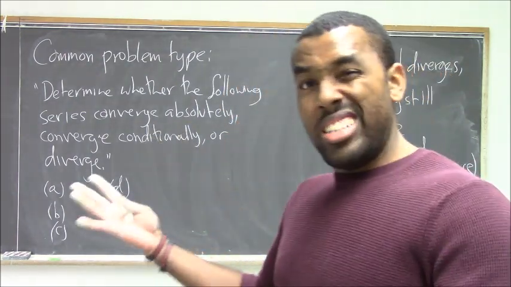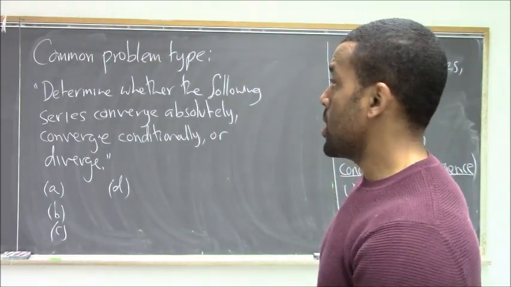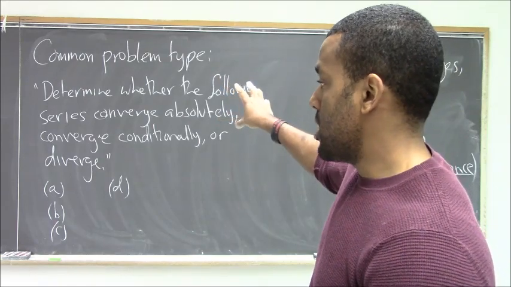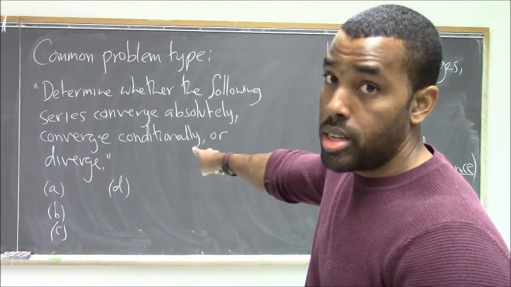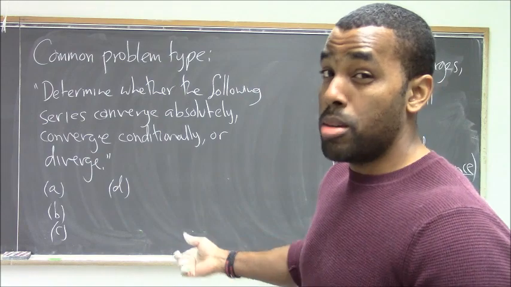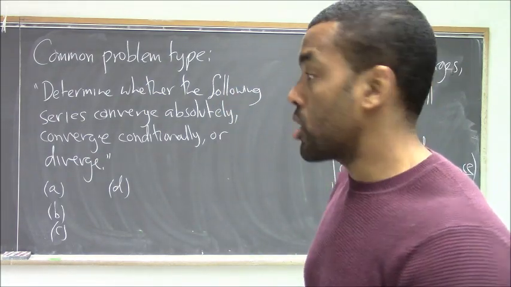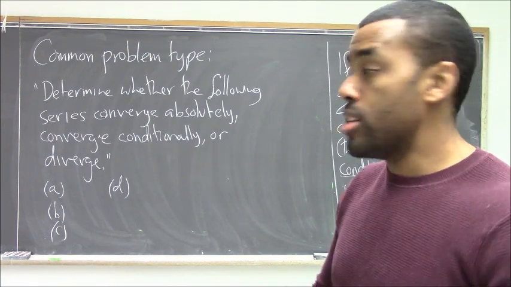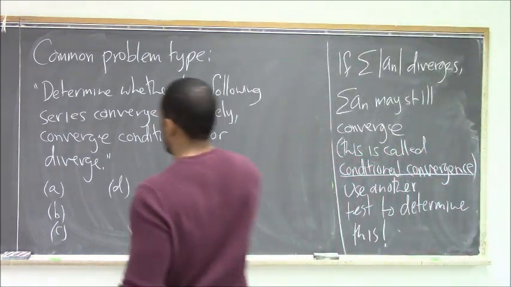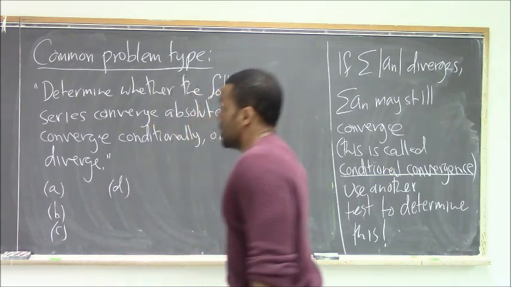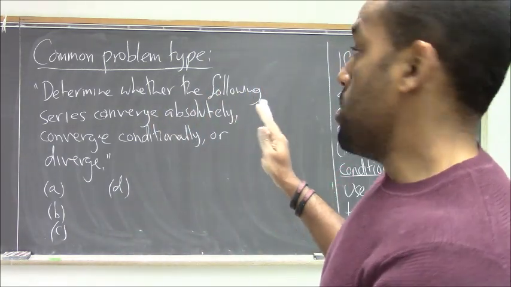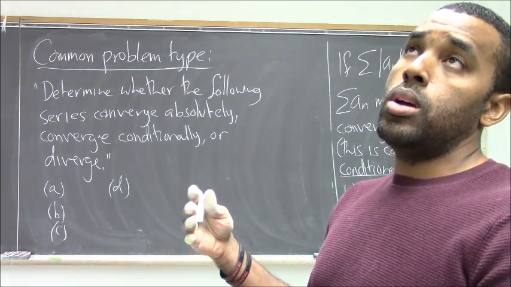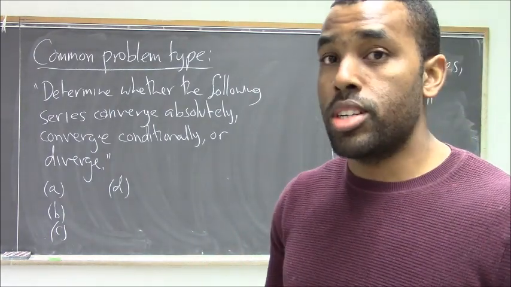But on a test, traditionally speaking, you would see a problem like this, pretty much exactly like this. You'll have three to four parts. So on test number 1, I would have given you a question like this for sure. It's a very common thing, and there's a certain way that you're supposed to approach it. So this is a common problem type. Now, that problem type is very different from if I were to ask you, does the series converge?